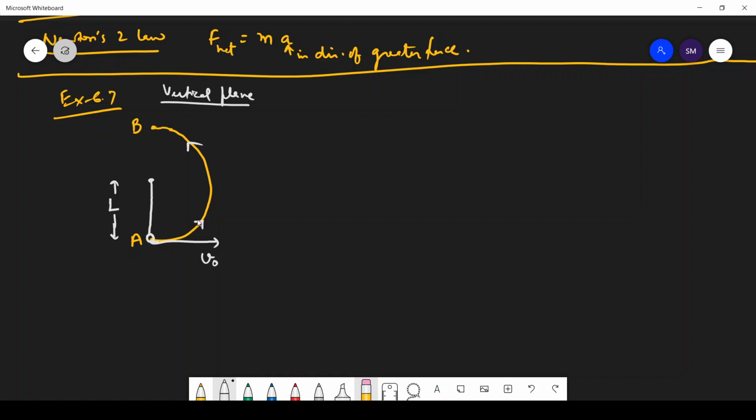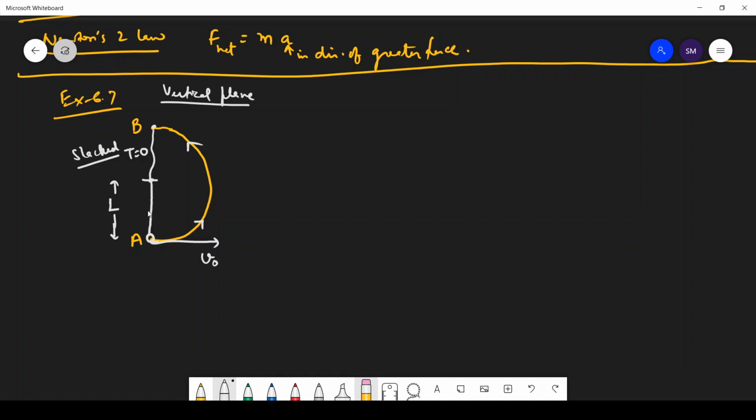And the string becomes slack at this point, B. So string is slack means that T is equal to 0. There is no tension in the string because it is slack, you can see.